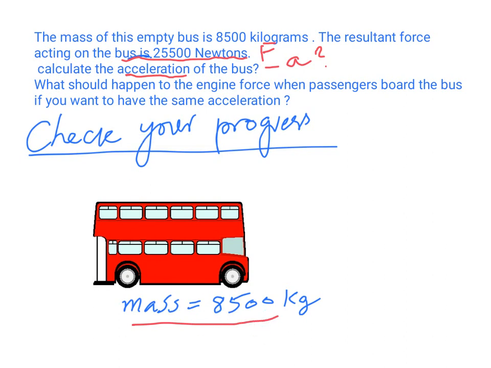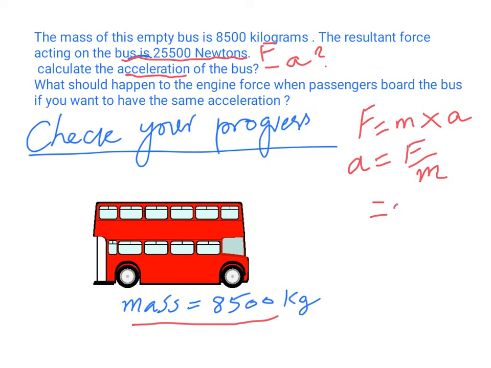Okay, so you have the formula F equals ma. You should be really using the formula sheet if you forgot it. Okay, so now you're actually calculating a. This acceleration should be equal to F divided by m if you rearrange this.